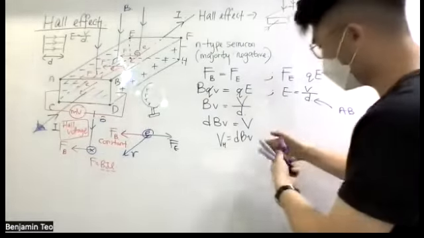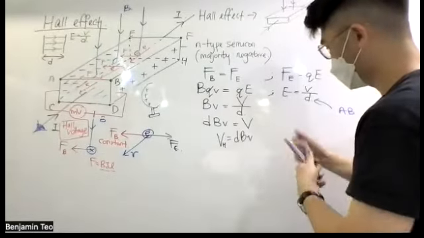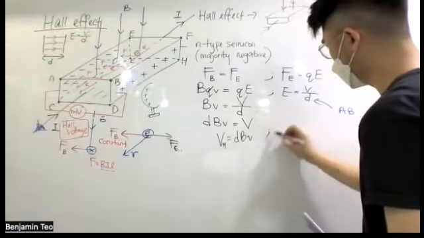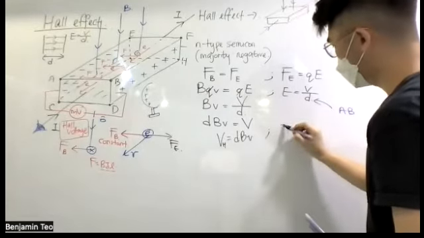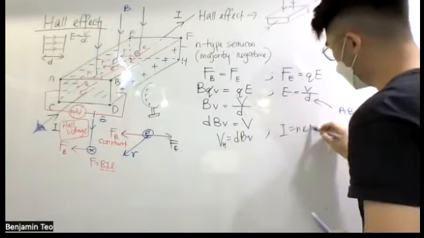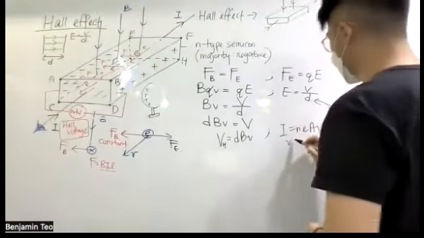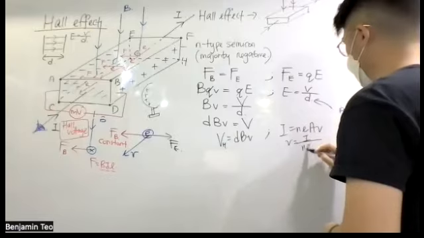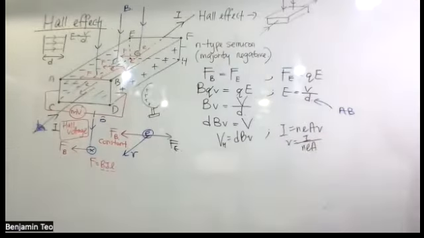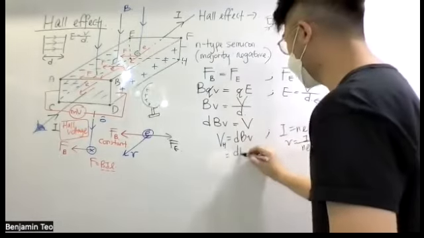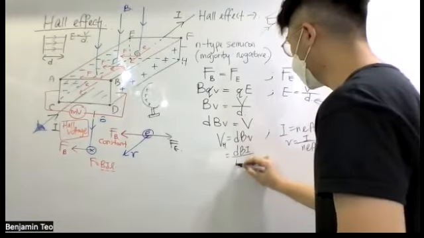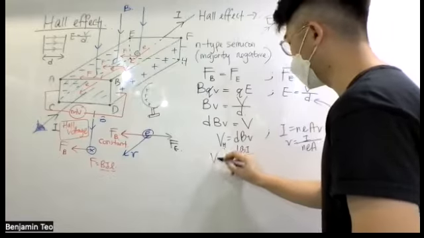Okay, now in my equation, I have the drift velocity. I equals nevA, so the drift velocity equals I over nea. Put it inside, we get VH equals dBI over nea.